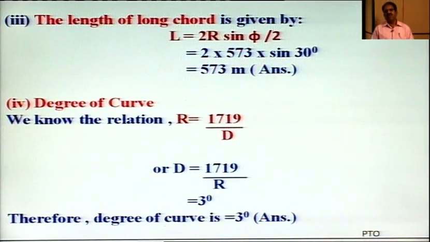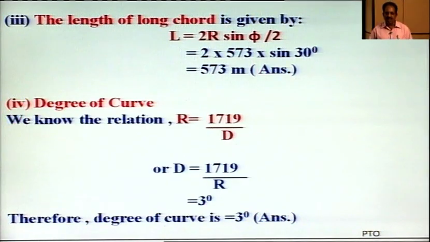So, the third one is the length of the long chord. The formula for calculating the length of the long chord is 2R sin(phi/2). R is 573 meters and phi is 60 degrees, so phi by 2 becomes 30 degrees, and we have calculated the length of the long chord, which is answer number 3.